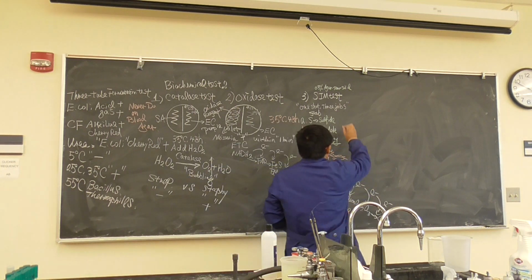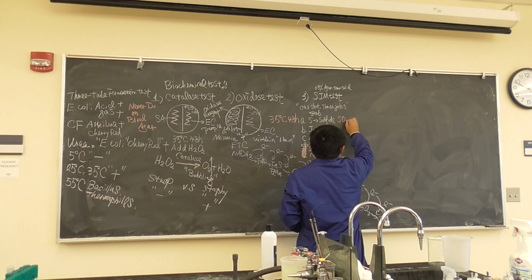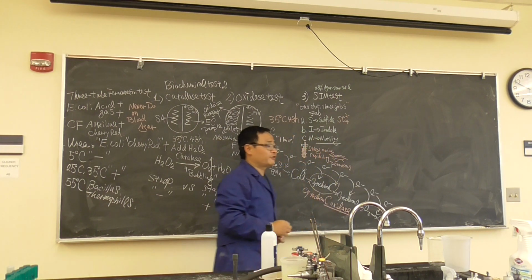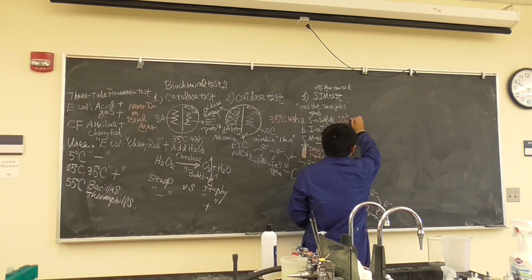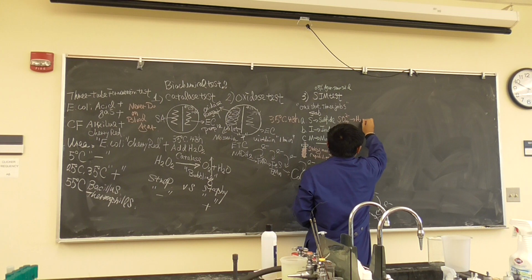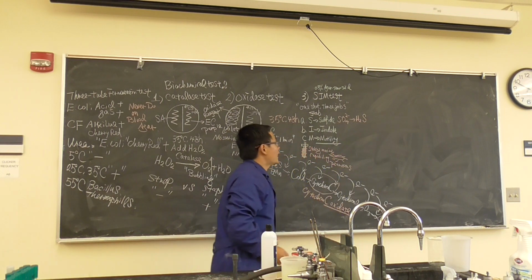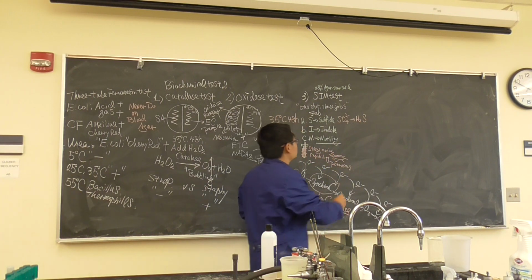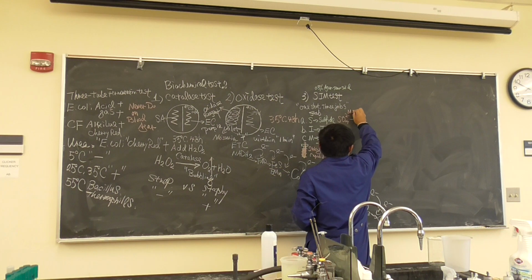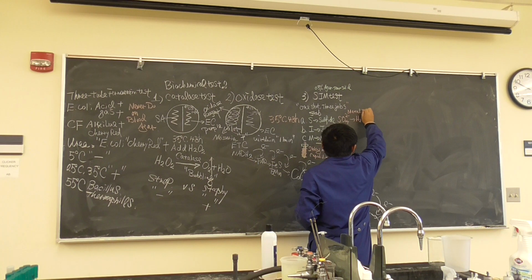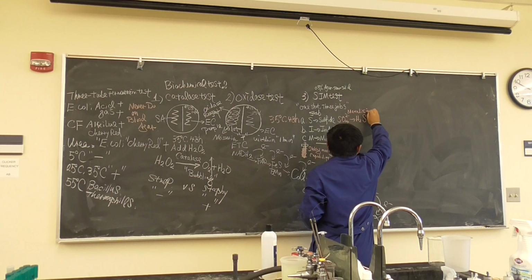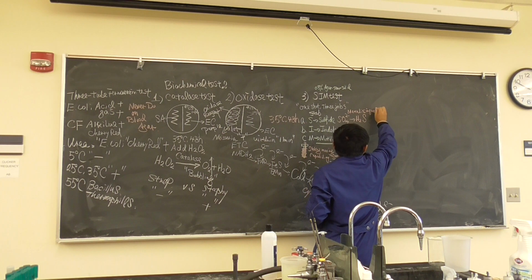Sulfide. Some of the bacteria could use sulfuric acids, then become what? H2S. And in this media, there are some metallic ingredients, like iron.